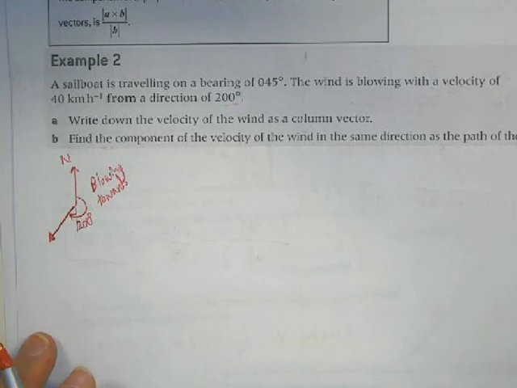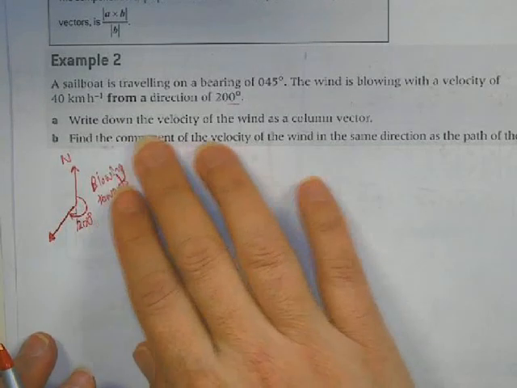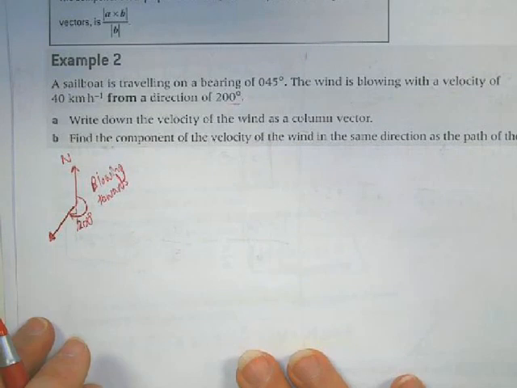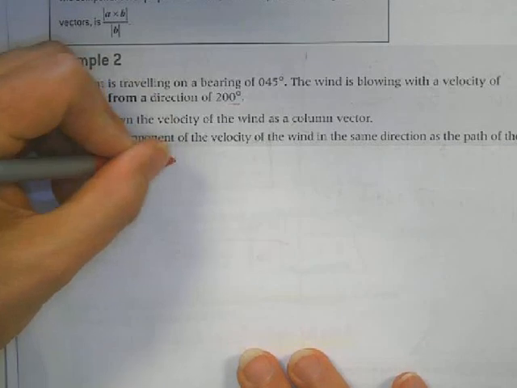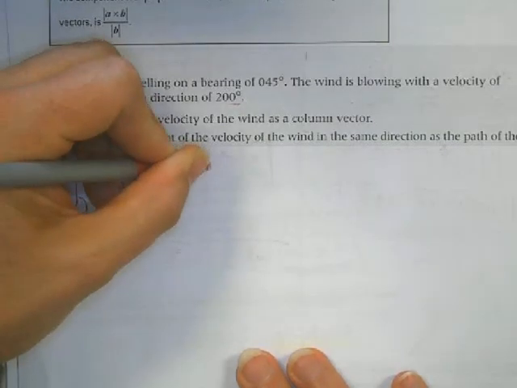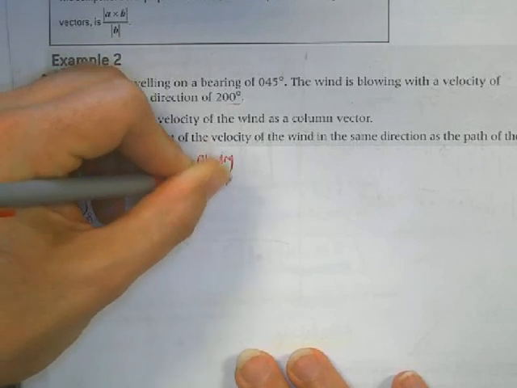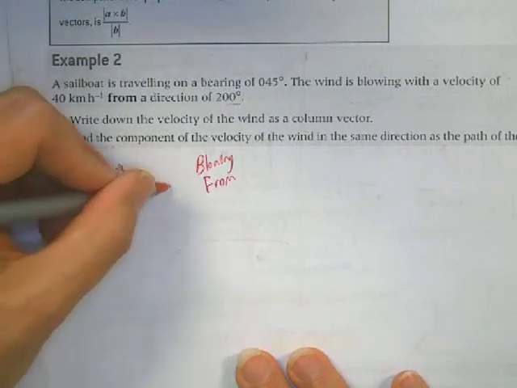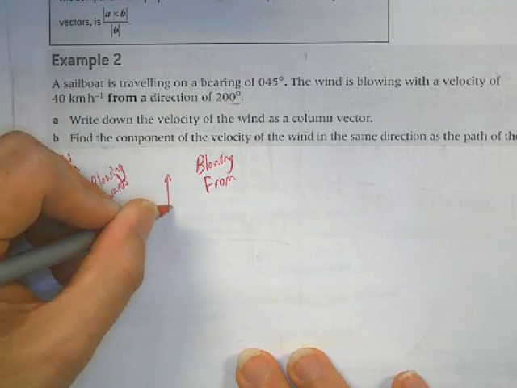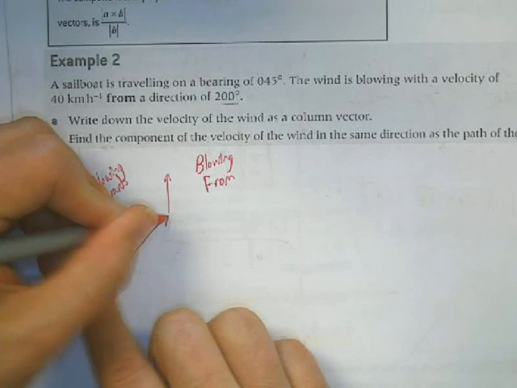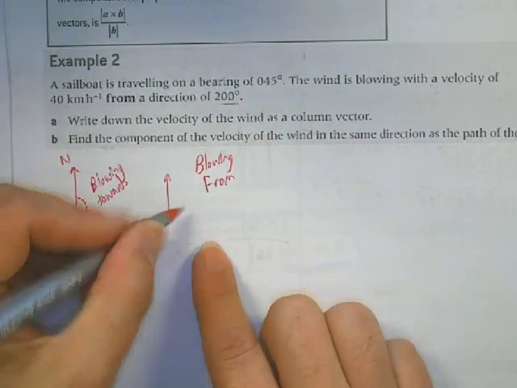So write down the velocity of the wind as a column vector. So if it's blowing from that angle, that means instead of going that direction, it's blowing from that angle.